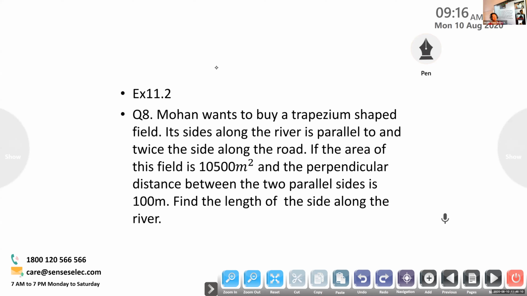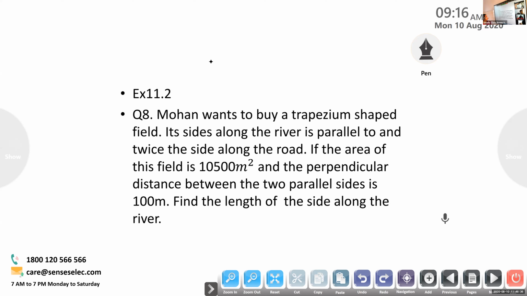So there will be a pair of opposite sides which are parallel, one on the side of a road, the other on the side of a river, and the side along the river is twice that of the side nearby the road.